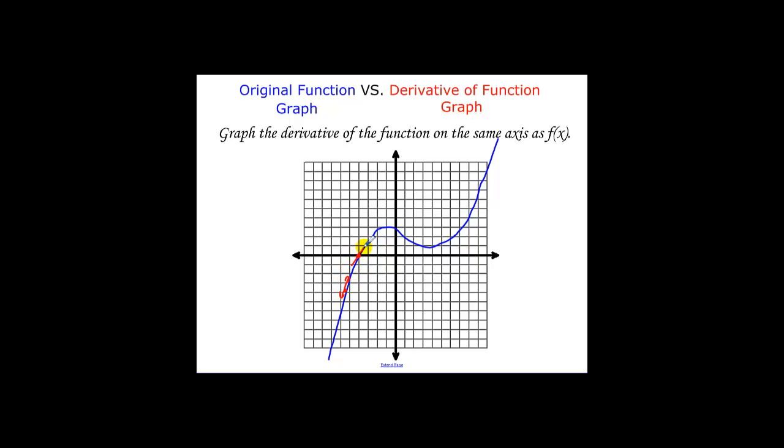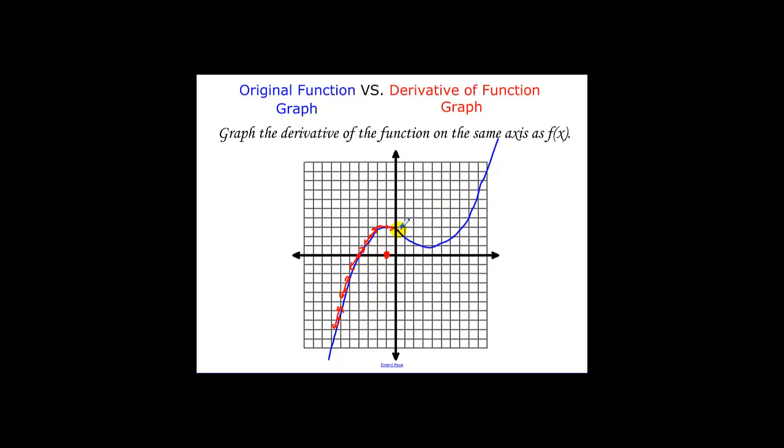Would they be positive or negative? That's what you're looking at. Here they look like they're pretty steep, but eventually it looks like maybe here around 1 somewhere we go to 0. So I might put a 0 down.